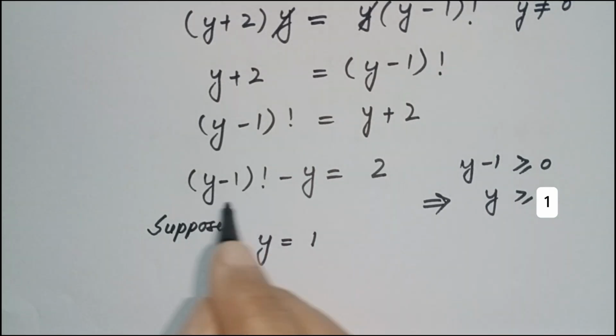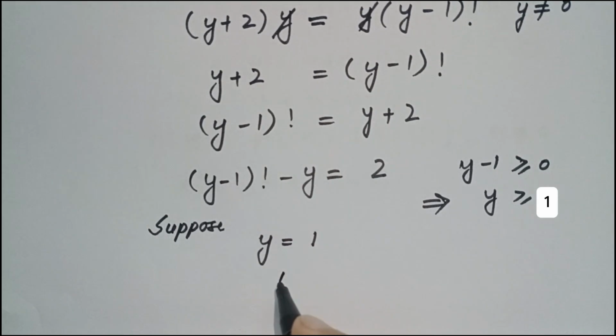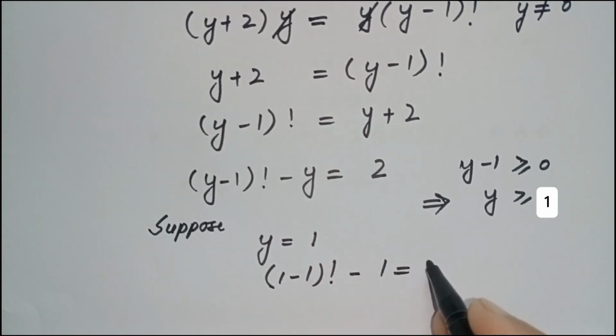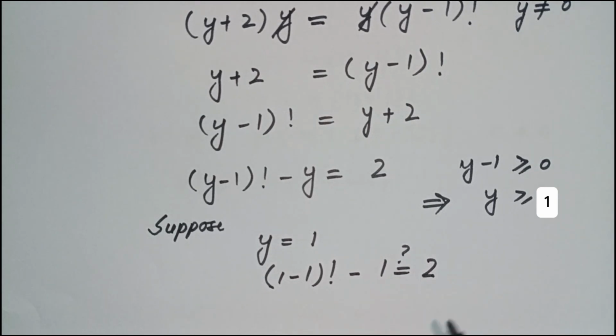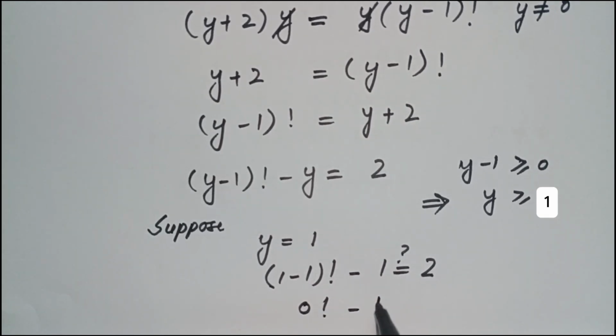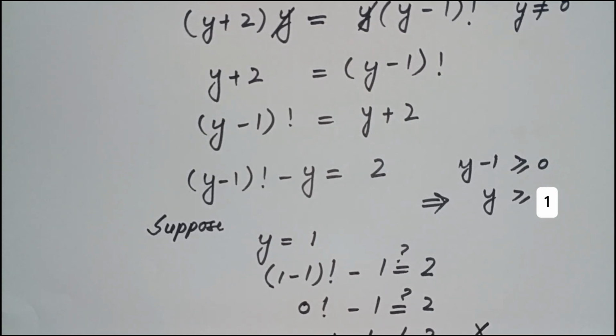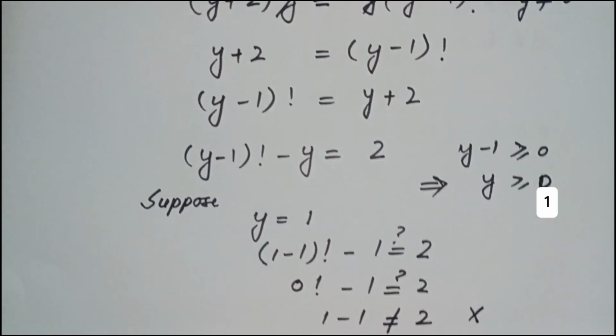So 1 minus 1 factorial minus 1 is equal to 2. So 1 minus 1 is 0, 0 factorial minus 1 is equal to 2, and 0 factorial is equal to 1, so 1 minus 1 is equal to 2. So it is not possible. It is not equal to 2, which is wrong. So we will not consider this value.